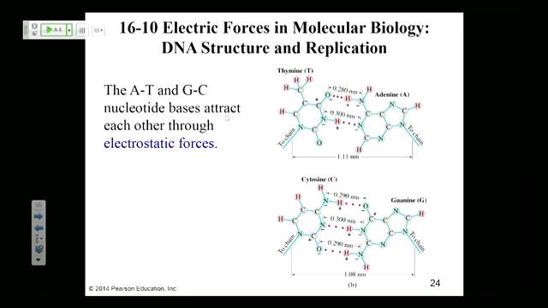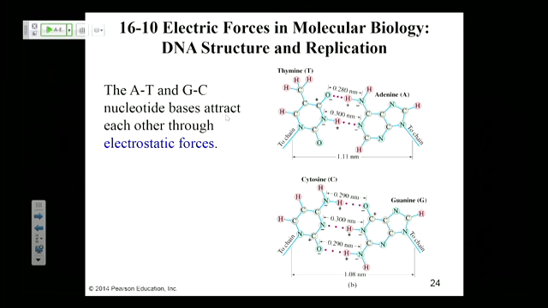So you have the atoms represented by T, thymine, and the ones represented by A, adenine. You have cytosine, C, and you have guanine, G. The attraction between these molecules of the DNA is electric.